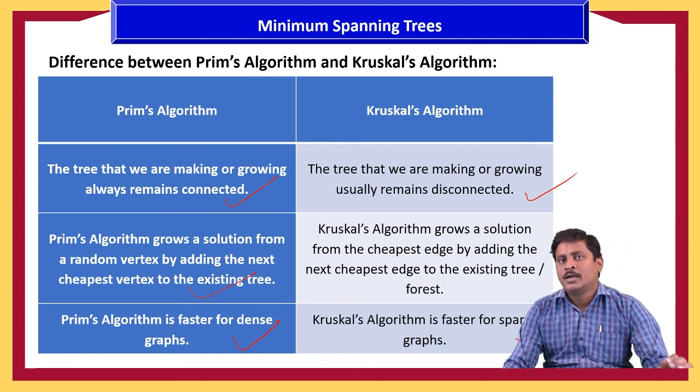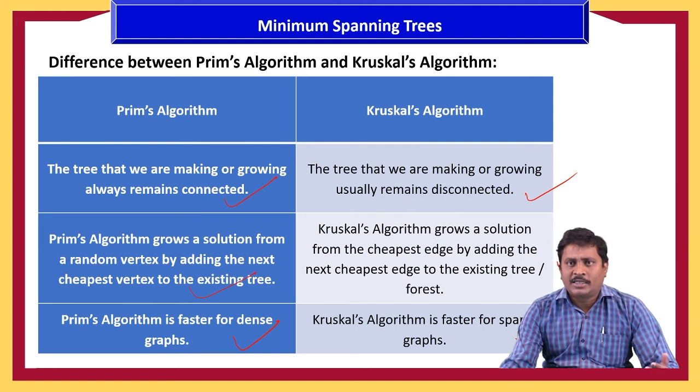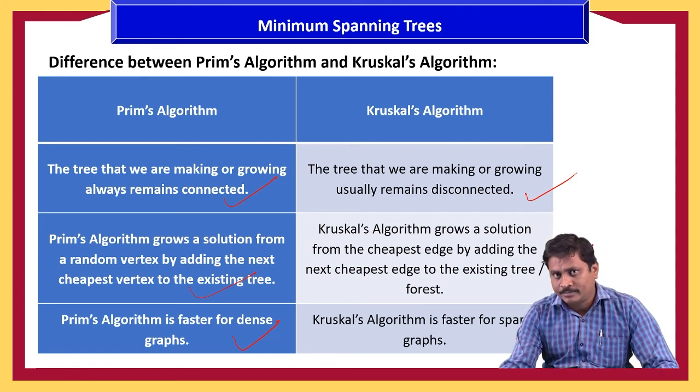Once again, listen. In Prim's algorithm, the tree that we are growing always remains connected, whereas in Kruskal's algorithm, the tree that we are growing usually remains disconnected.